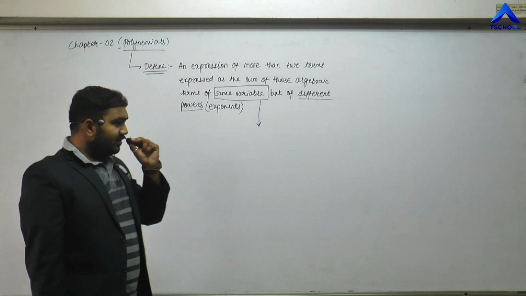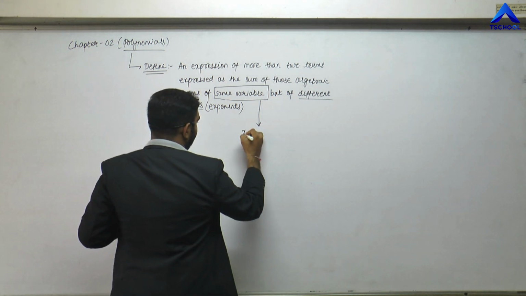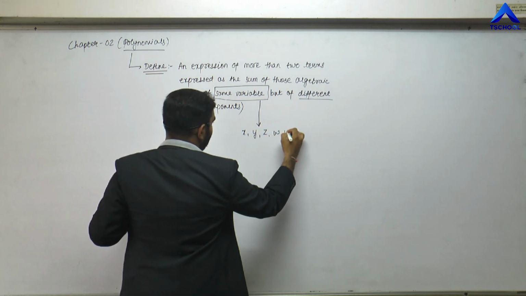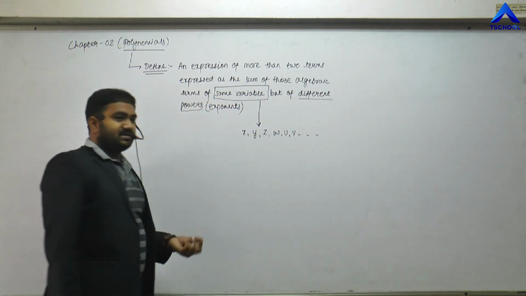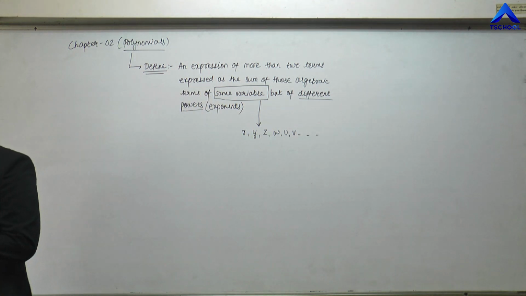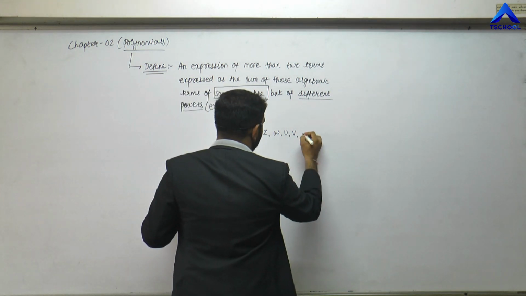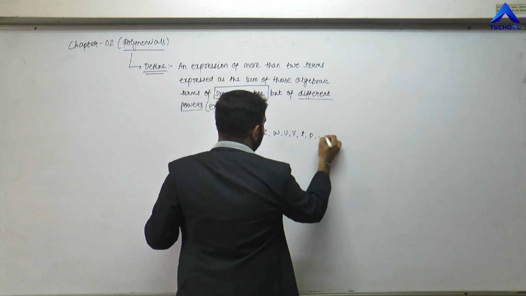Whenever you select a variable, you will always select it from x, y, z, w, u, v, and so on, right? These are the general examples of the variables. You may also include t, p, and so on.